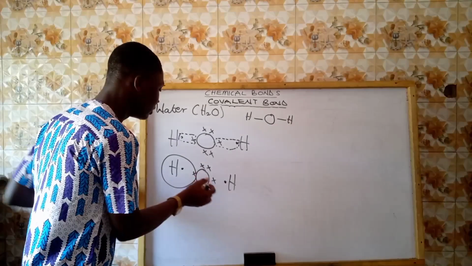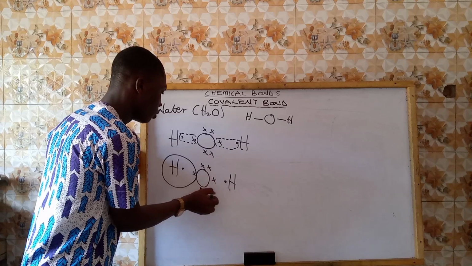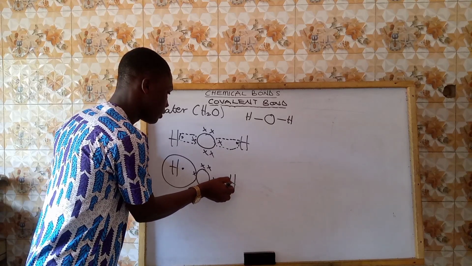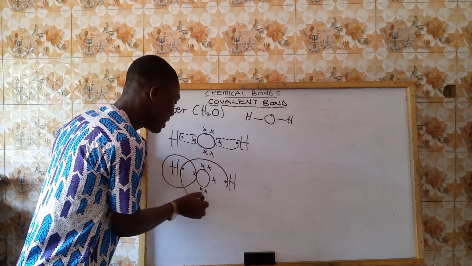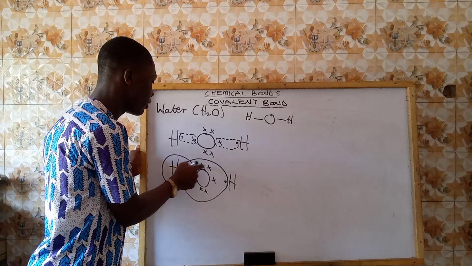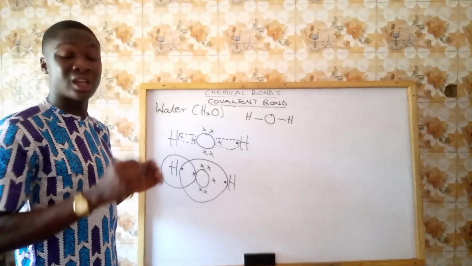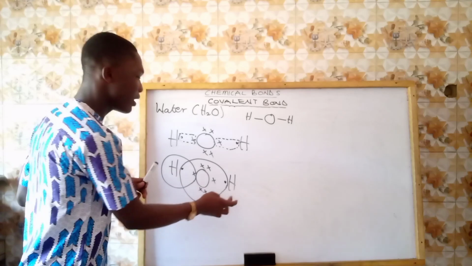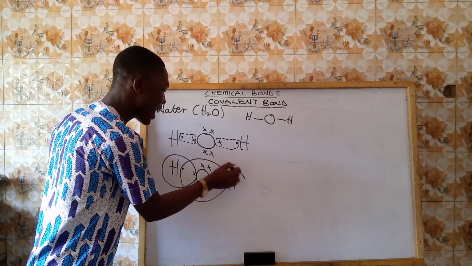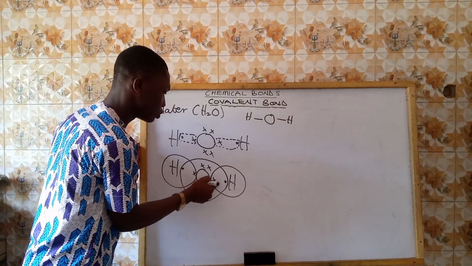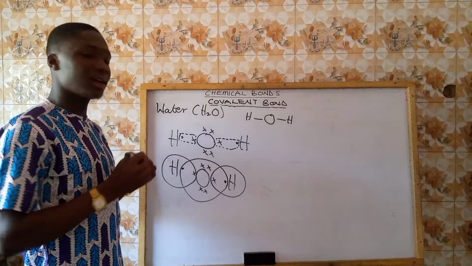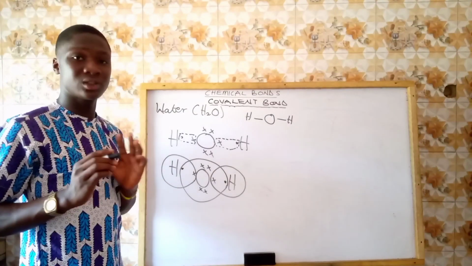And now here too, this O will have 8 electrons here. You have 1, 2, 3, 4, 5, 6, 7, 8 to fulfill the octet rule, right?